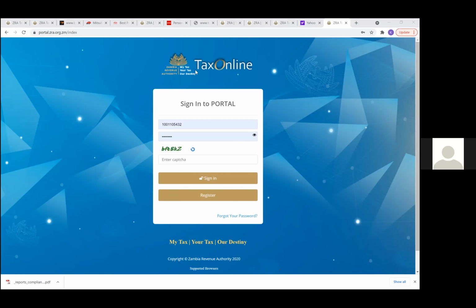You can obtain forms from the ZRA website, or walk into a service center near you. They'll give you forms, and you fill them in, attaching the necessary documentation, and an assessment will be done. For 2020 and 2019, you can make a claim online, and an assessment will be done.